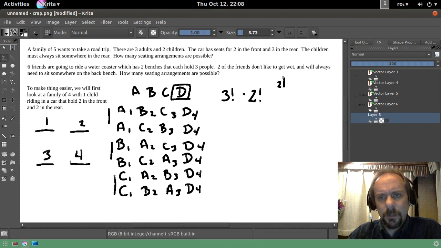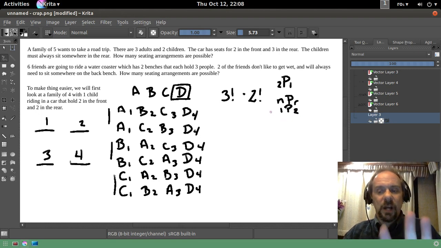And that's going to be a bit weird if you think about it, because for nPr, we're used to seeing r as the smaller number, and it is again here, but we have one child in 2 seats, so you might think that it would be 1 permute 2, but we're not used to that situation.